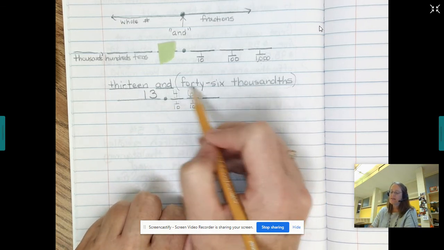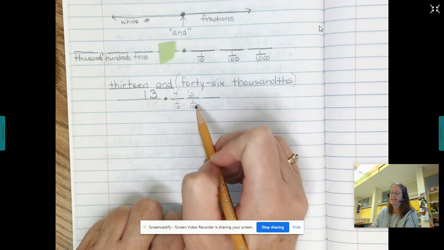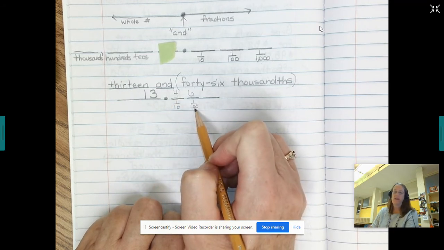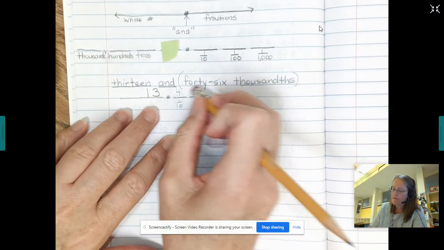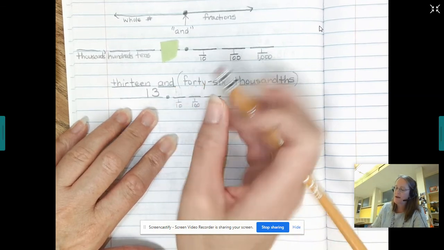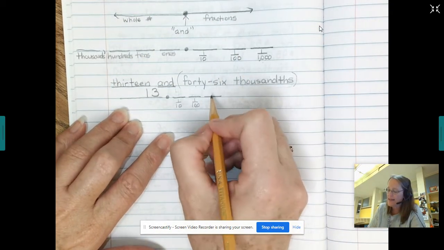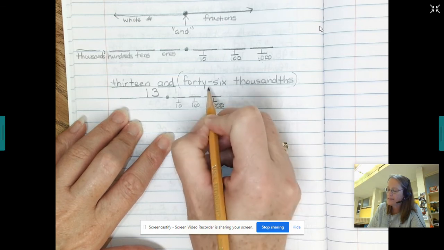So this number says 13 and 46 hundredths. That's not what I want that to say. I want it to say 46 thousandths. So I need my 46 to end in the thousandths place.